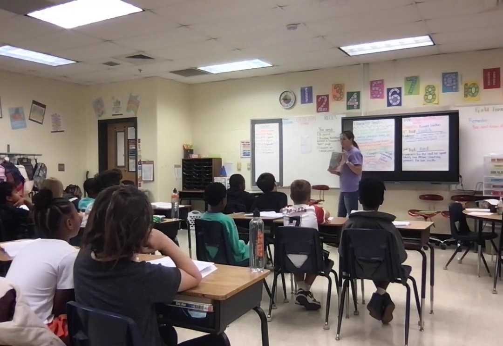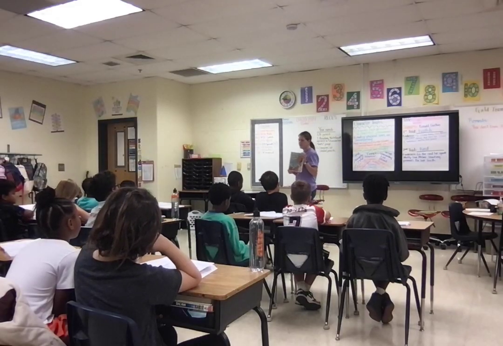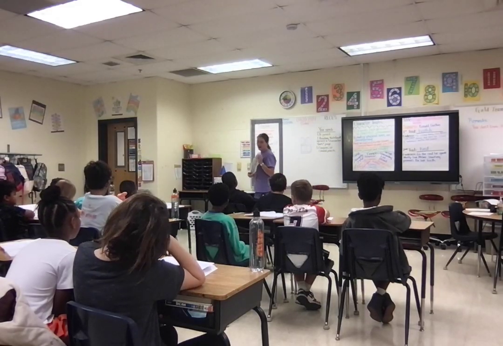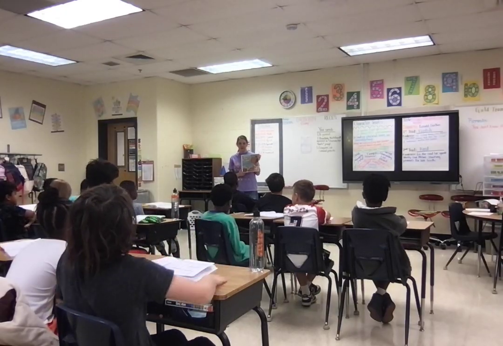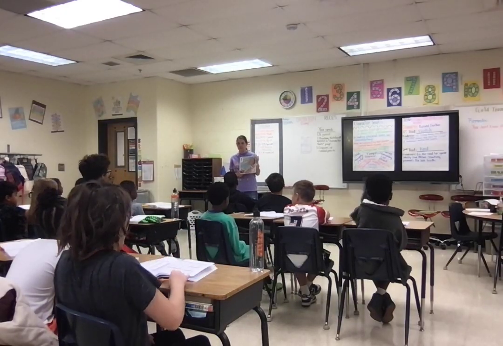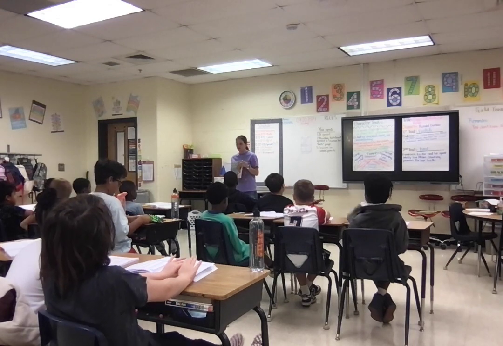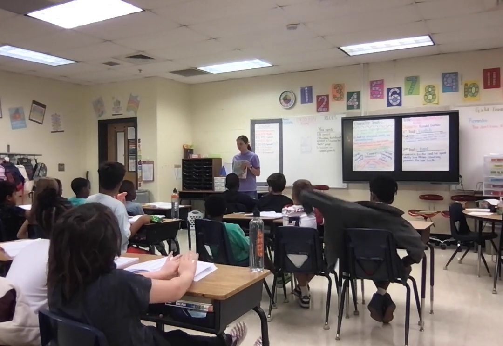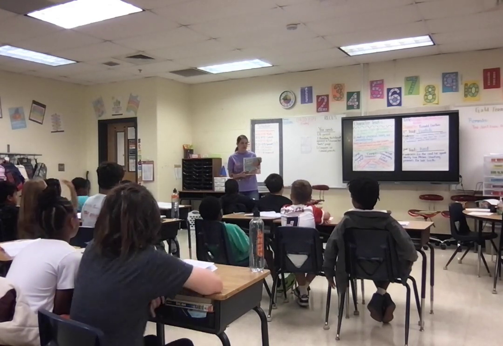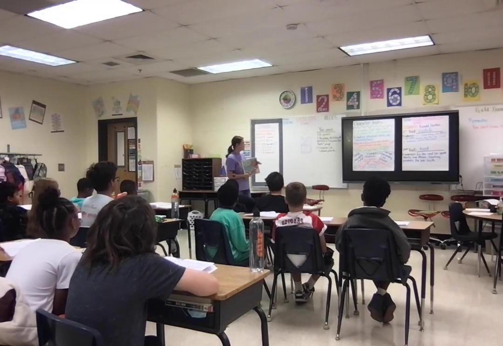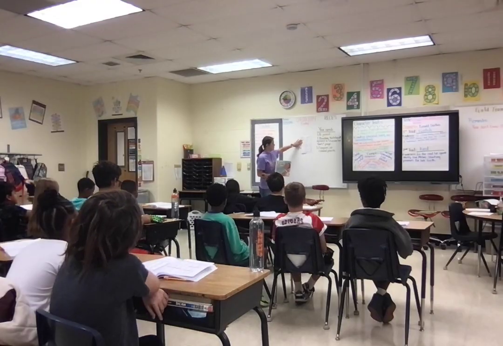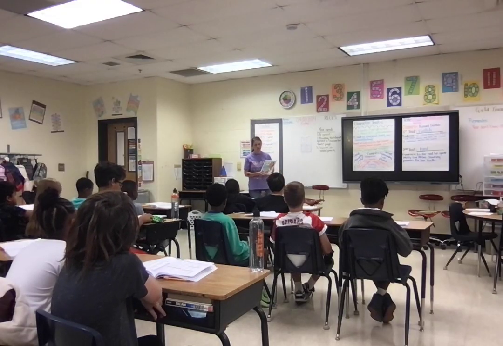So I need everybody to put down their pencils and anything else and to pay attention while I'm reading. That way you can get to know the characters and that way you can guess some of their traits, okay? Put that away, please. So I'm going to read this to you. And then after, I'm going to give you this paper that you're going to do on your own, okay?